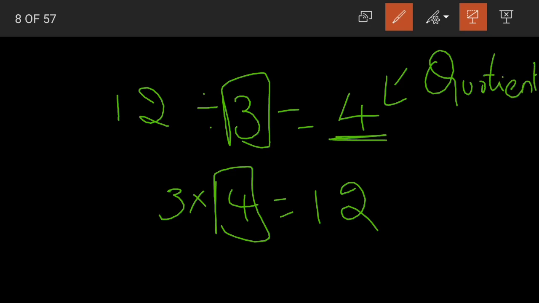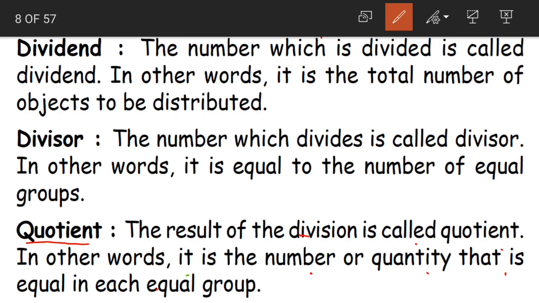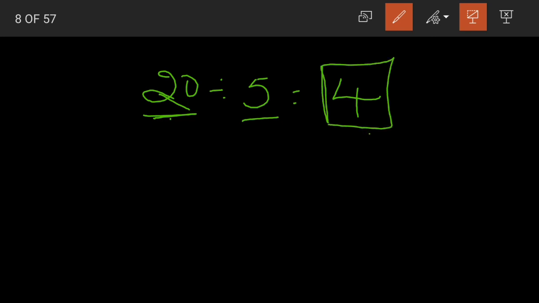Clear, children? The result that we get from dividing two numbers is called our quotient. It is the number or quantity that is equal in each group. If you remember the cookies example, when we divided 20 biscuits into 5 equal groups, each group had how many biscuits? Each group had 4 biscuits.